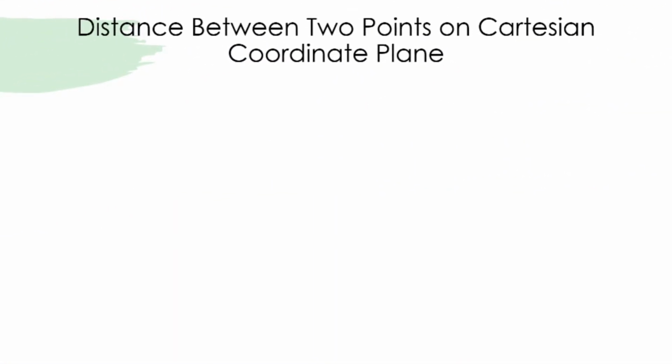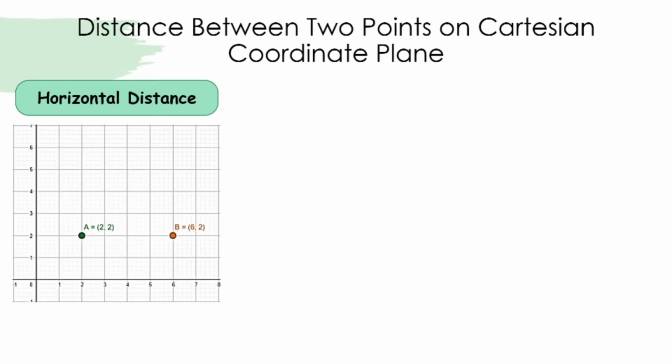The distance between 2 points on Cartesian plane are divided into 3 categories. So the first one is the horizontal distance. So this is when your 2 points are aligned horizontally, just like point A and B on our diagram. If the distance that you're looking for is horizontal distance, you can easily find the distance by getting the absolute value of x sub 1 minus x sub 2.